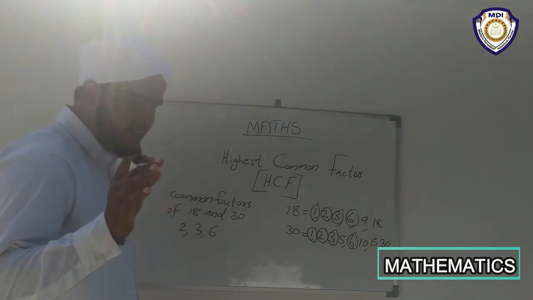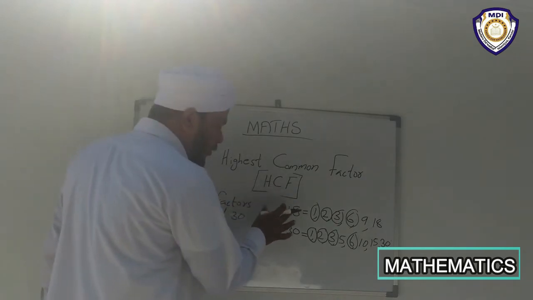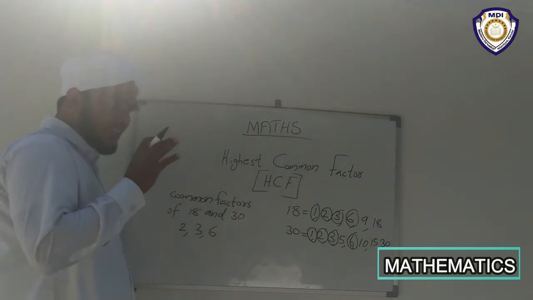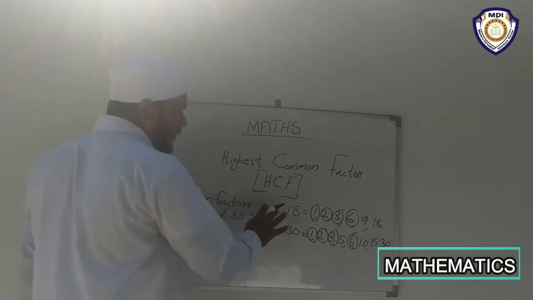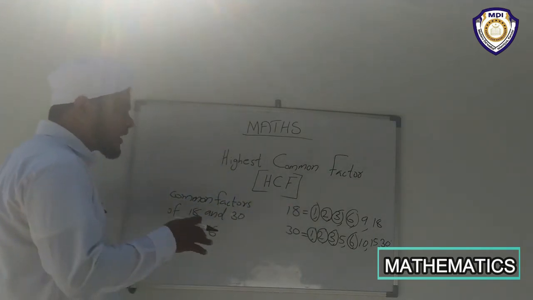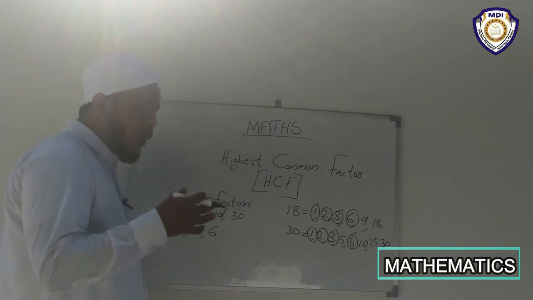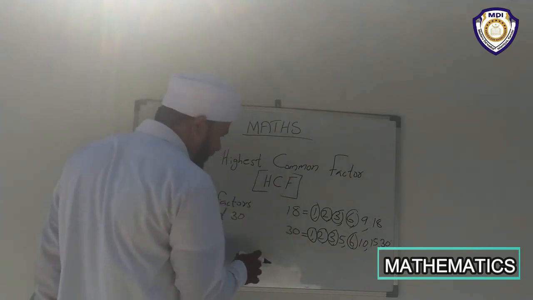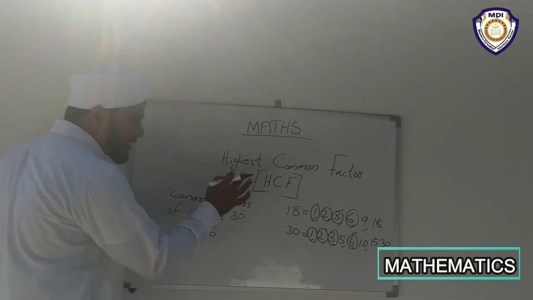Okay, did you understand? First and foremost, we have to find out the factors of the number. Then we find the factors of 18 and 30. After that, we have to select the common factors. Which are the common factors? Here 2, 3, 6.